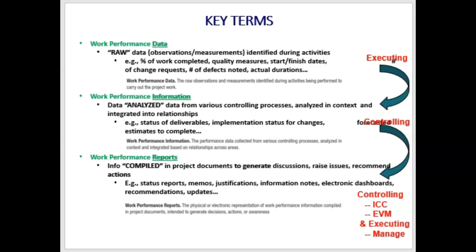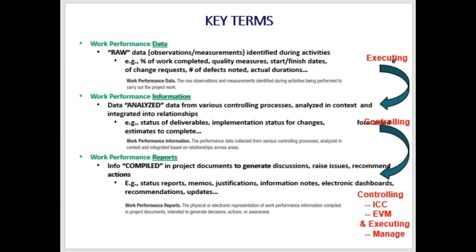Work performance data is raw data. While I'm building it, I'm collecting data. And you'll say to your project managers, what data have you collected? And then have you analyzed that data? We call that work performance information. And that's something we use a lot in controlling.